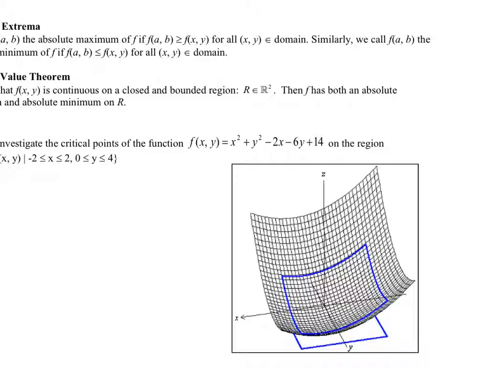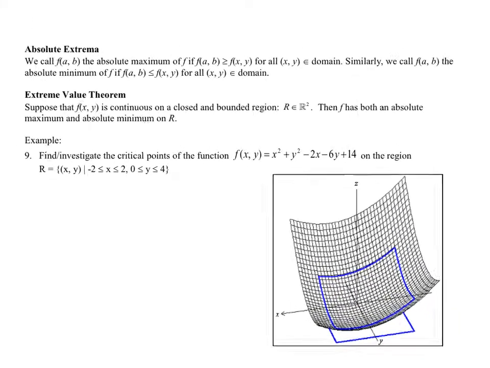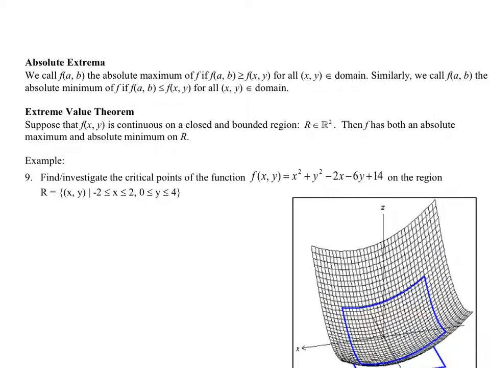But it starts the same way, which is good news. Much simpler function. So 2x minus 2 would be my first order partial with respect to x. My first order partial with respect to y would be 2y minus 6.